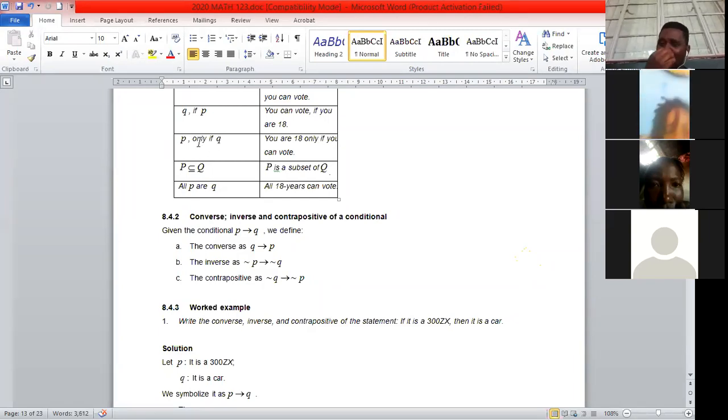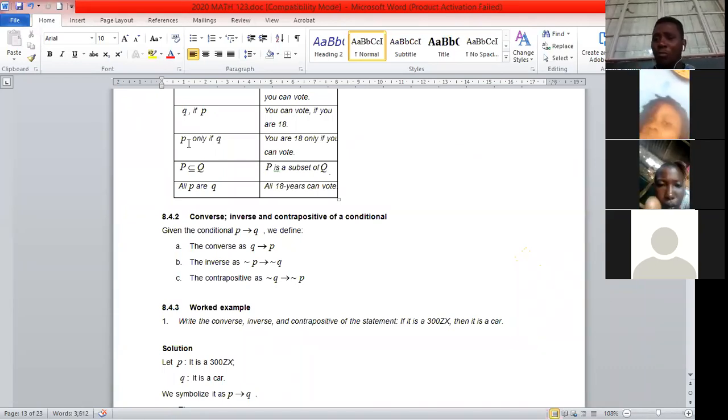So if I give you a statement of this form, P only if Q, you should realize that simply means P implies Q. And what is going to be your P from that statement? What is going to be your Q? You can detect those, or you can derive them.